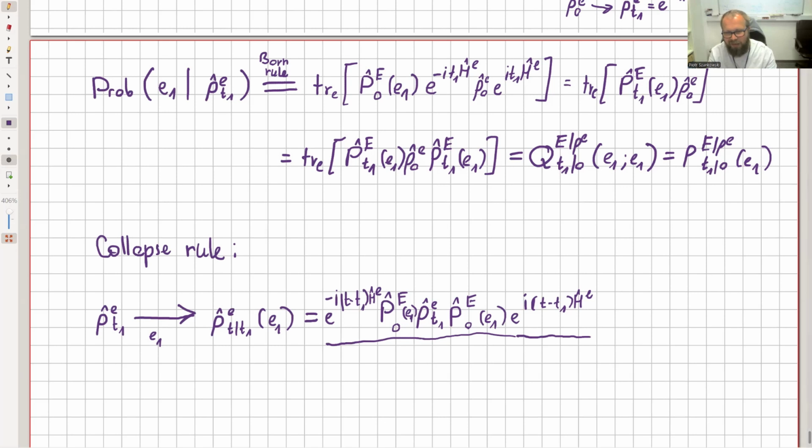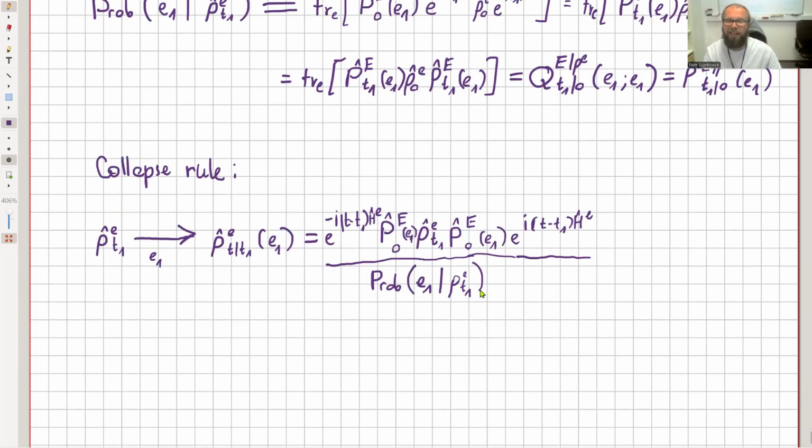And the normalization is just the probability of getting the measurement result. Okay, so this is the collapse rule in action after one measurement.